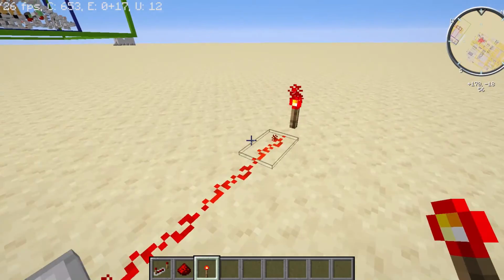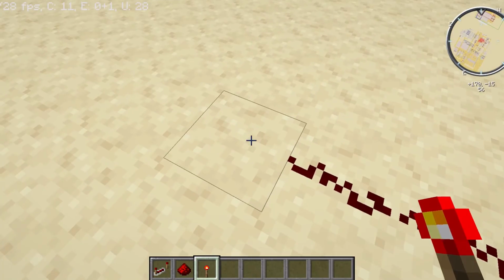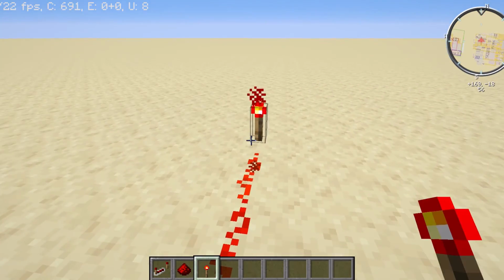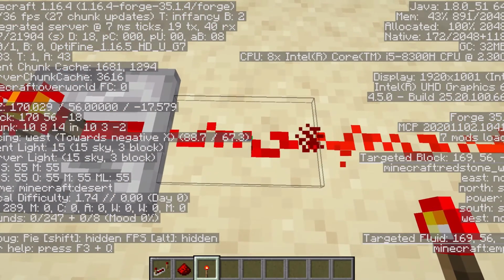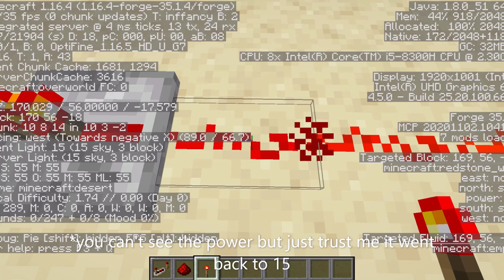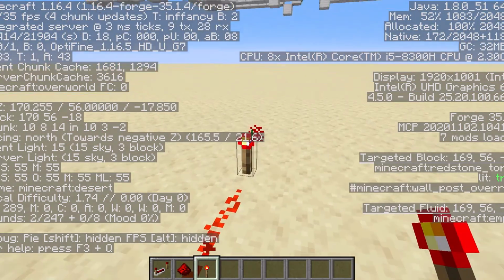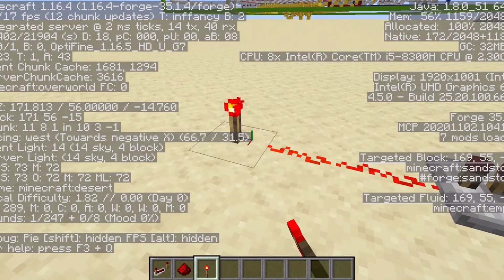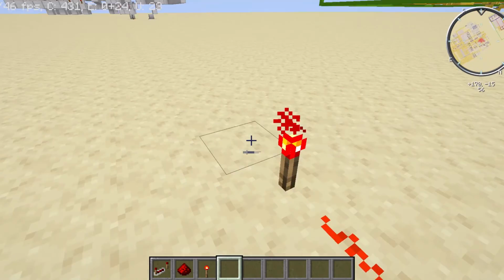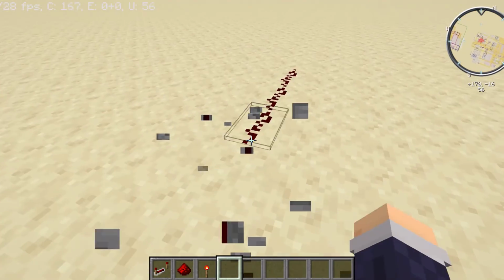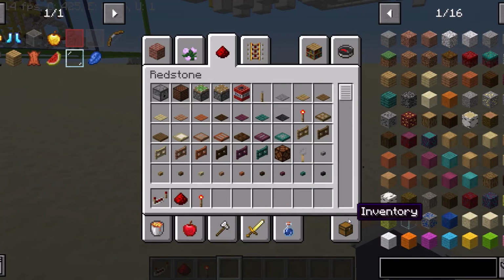It just goes back to 15. Wait, I'll demonstrate it better. Here the power is 13 on the bottom right side, and here it's again power 15. But in reverse that won't work because a repeater is one way. A little bit of redstone lesson.